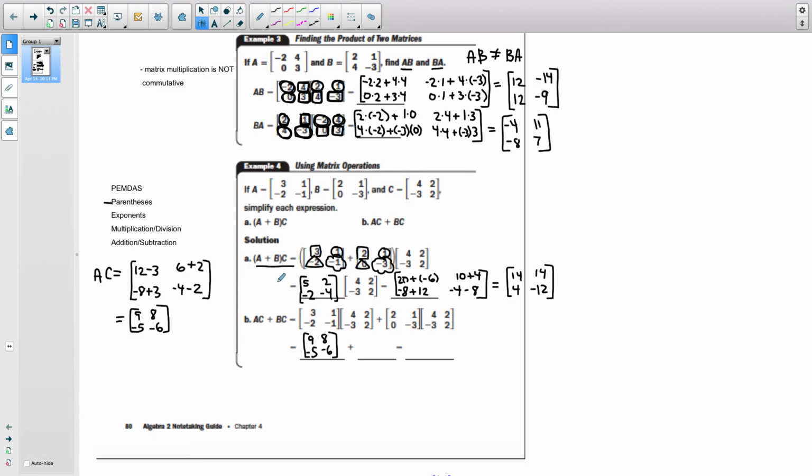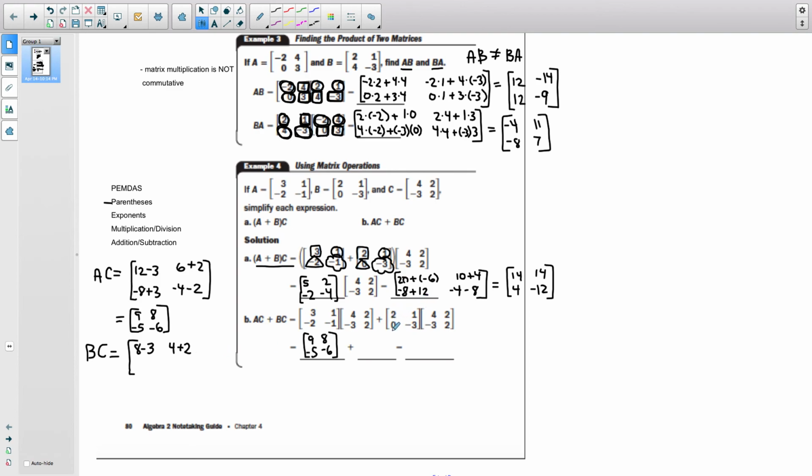All right, so now I'm going to do the next one, which is BC. So BC equals, all right, so I will do 2 times 4, which is 8, plus 1 times negative 3, which is negative 3. And then I'm going to do the next column, so 2 times 2, which is 4. 1 times 2, which is positive 2.